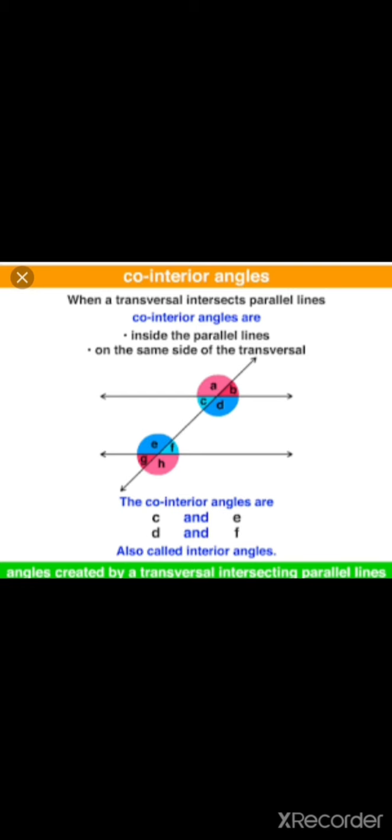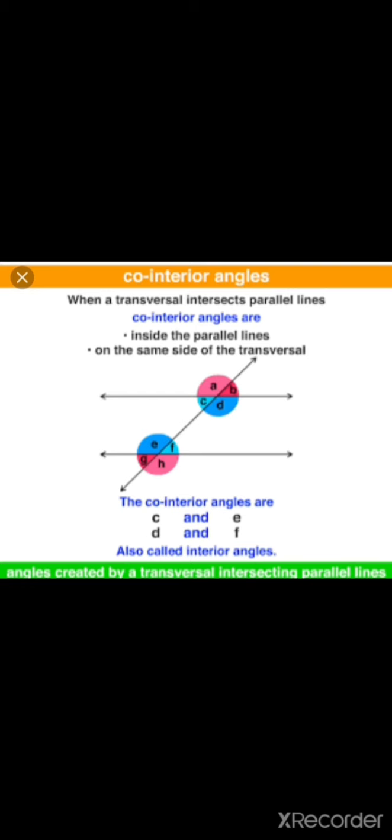Here in this picture, A, B, C, D, E, F, G, H are the 8 angles. Out of those 8 angles, 2 pairs are co-interior, C and E. C and E are interior angles, inside the parallel lines, as well as on the same side of the transversal.